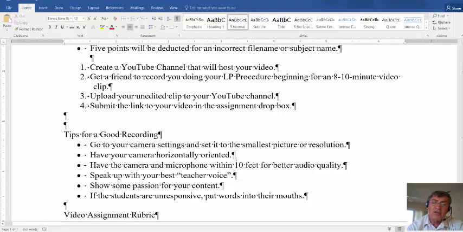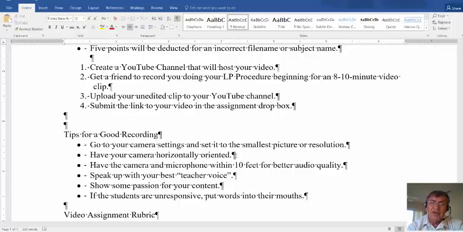Have your camera horizontally oriented. If you have it vertically oriented, like standing up, then it looks like you're standing in the doorway giving your lesson. It shows much more area when you have your phone horizontal, or side to side.